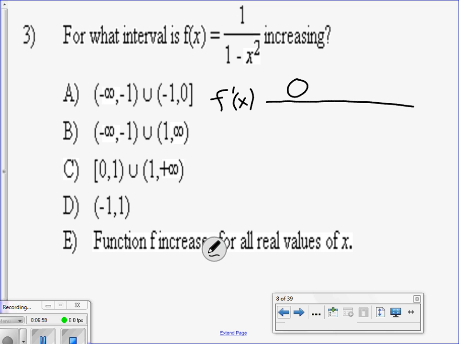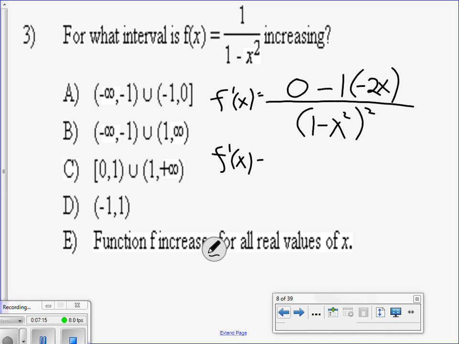Okay. Lo d hi less hi d lo. What's d lo? Negative 2x, all over the denominator squared. So the first derivative can be cleaned up. It's 2x over (1 minus x squared) squared.